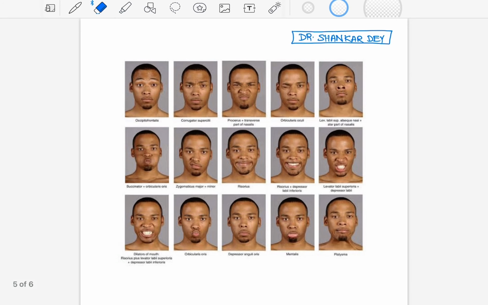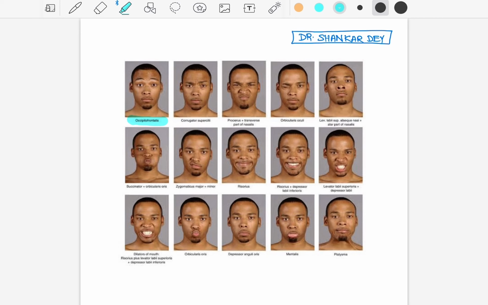Lastly, I will show you one beautiful image of facial expression and the muscles responsible for it. See the image carefully. In the first image there are transverse wrinkles on the forehead in case of surprise, horror or fright.